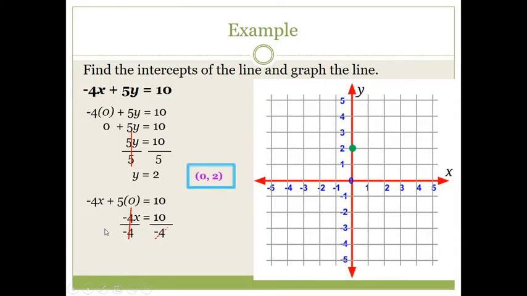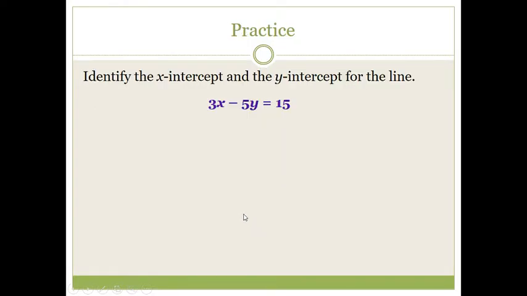And we get that x is equal to 10 divided by negative 4, which I simplify to negative 5 halves. So that means I have to go to negative 5 halves on this x-axis and put a point. Now 5 divided by 2 is 2.5, so this point is right in the middle between negative 2 and negative 3. Right there, and then I can connect these 2 points with a line.